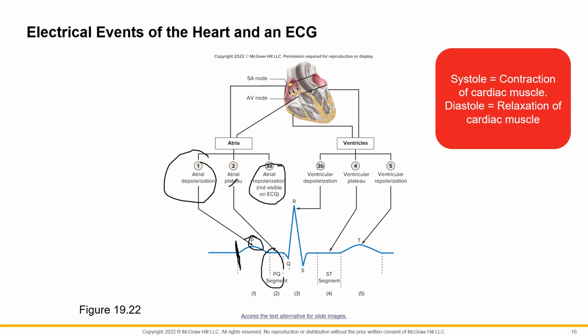The QRS complex is representing the electrical event of ventricular depolarization, followed by the next plateau, which is the ST segment, which is where your ventricular systole is happening. The last event here, the electrical event, is your T wave, which is when the ventricular repolarization is happening, followed by ventricular diastole.